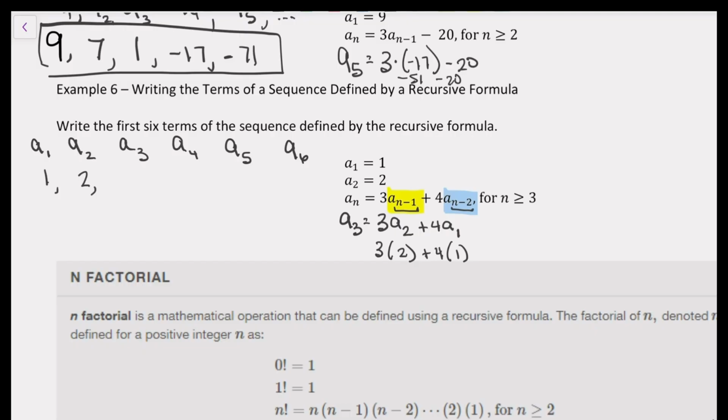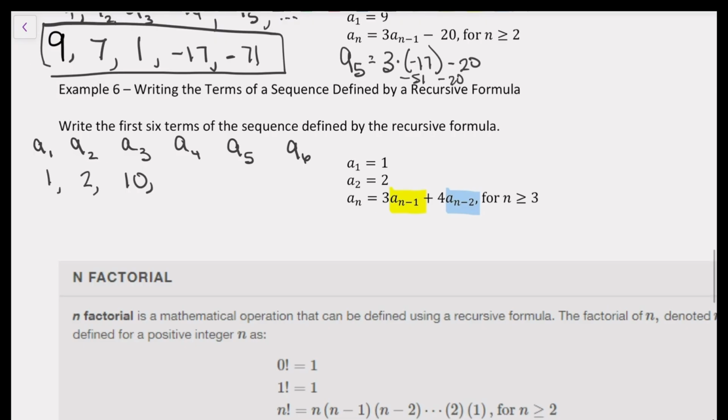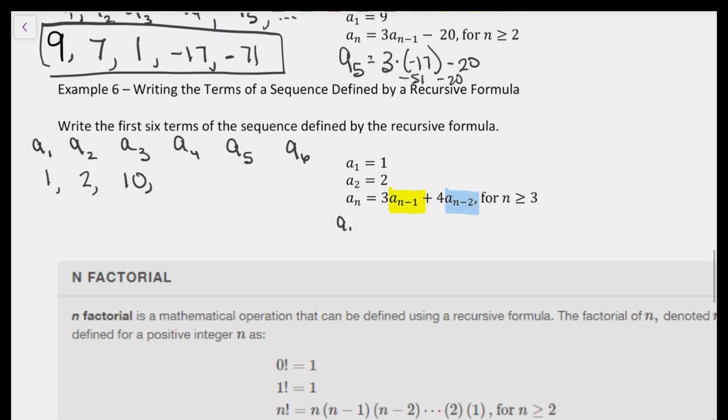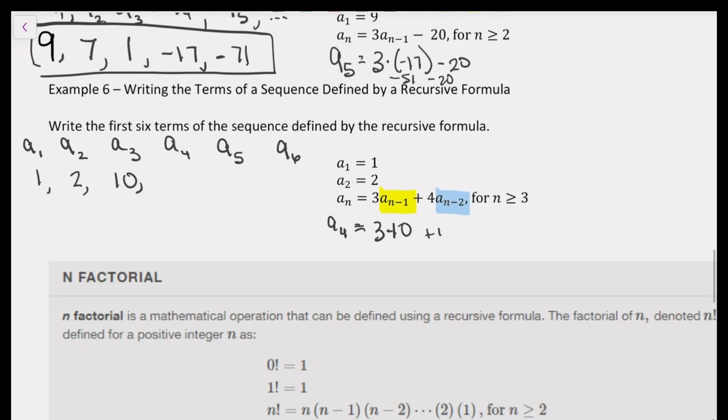So 6 and 4. So this one will be a 10. Okay? Now, if I'm on the fourth term, it's 3 times the previous term plus 4 times the one before that. So we will have 30 plus 8.